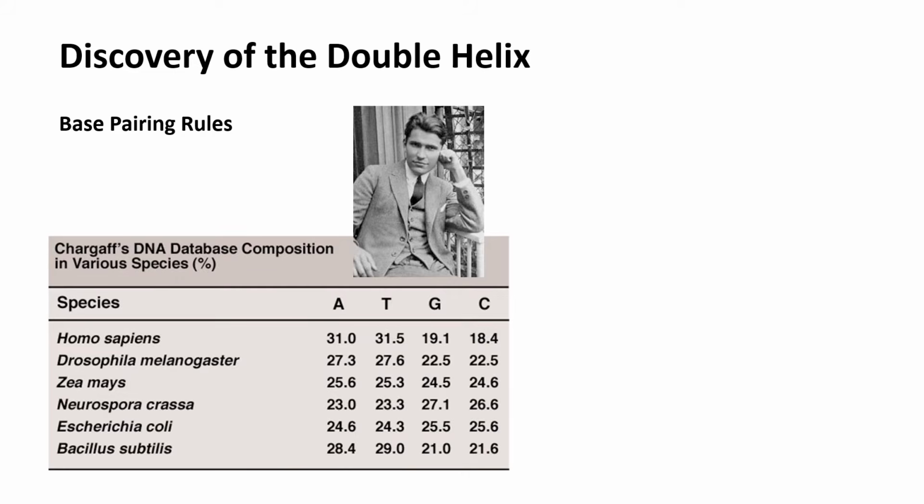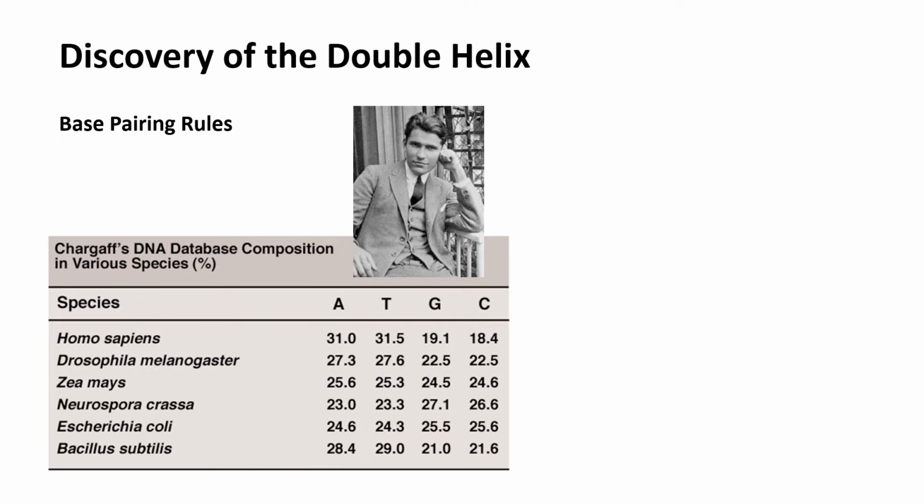Let's talk about the discovery of the DNA double helix. This was as significant as the race to the moon, because understanding DNA as the molecule for genetic inheritance was very, very important, not just for biology, but for the entire scientific community.